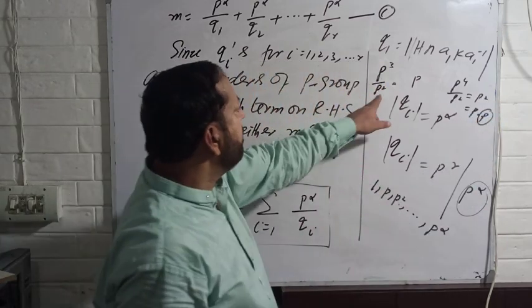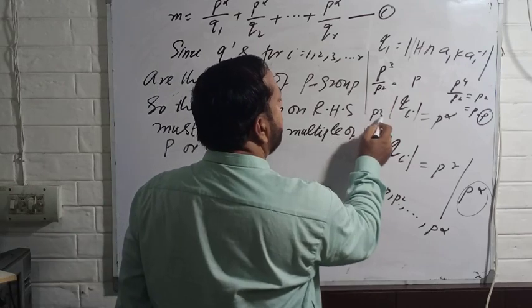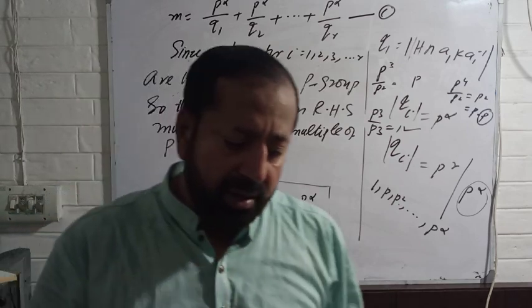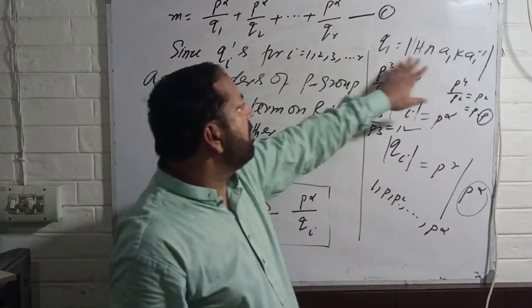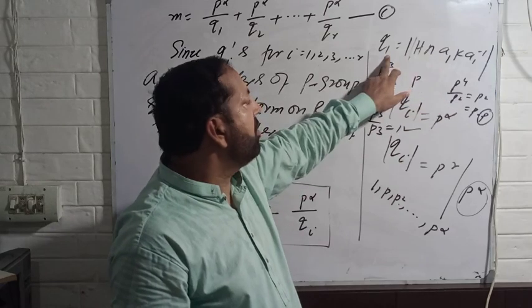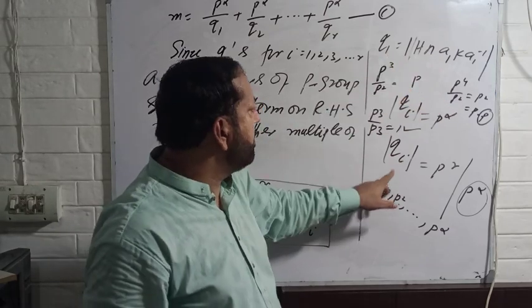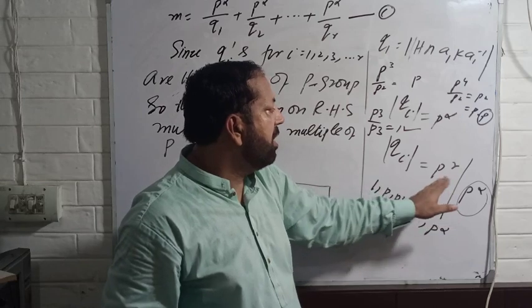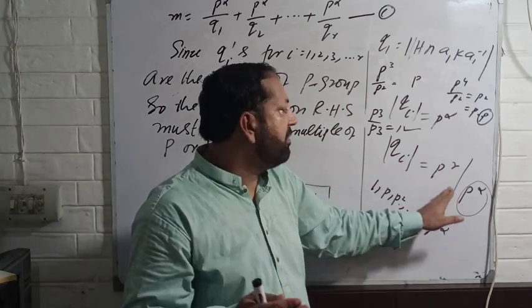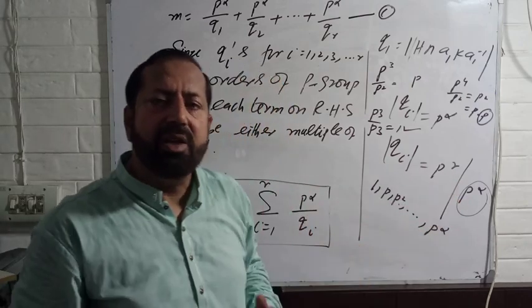And if you are getting p cube by p cube, then this should be 1. Since Qi is the order of the intersection of two p groups, the order of Qi must be some p power r, and p power r is a divisor of p power alpha. That's why there is a possibility that some term should be 1.